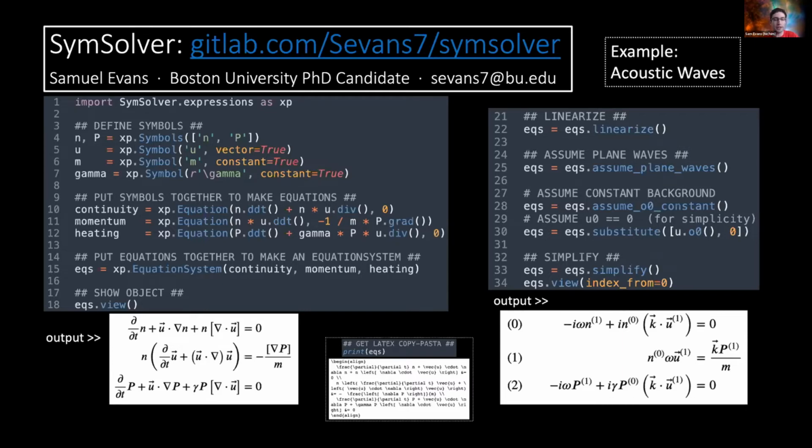But I don't want to force anybody to plug in components for my vectors here, because anyone who has taken multivariable calculus and worked with these vectors knows the rules for manipulating these things and can do it by hand without knowing all the components for the vector. So I sort of wanted this to reflect my understanding of the rules of algebra and calculus. And I considered using SymPy as a starting point, but I ended up getting frustrated to the point where I just sort of built it up from scratch.